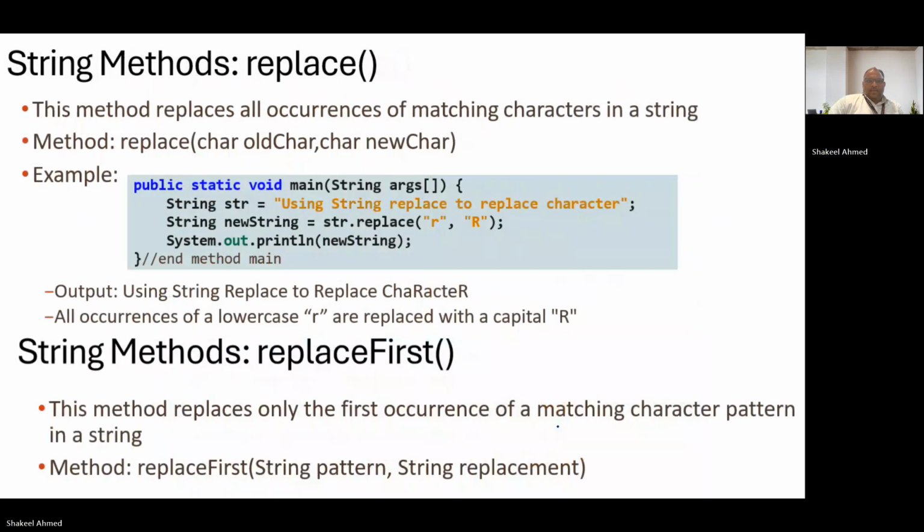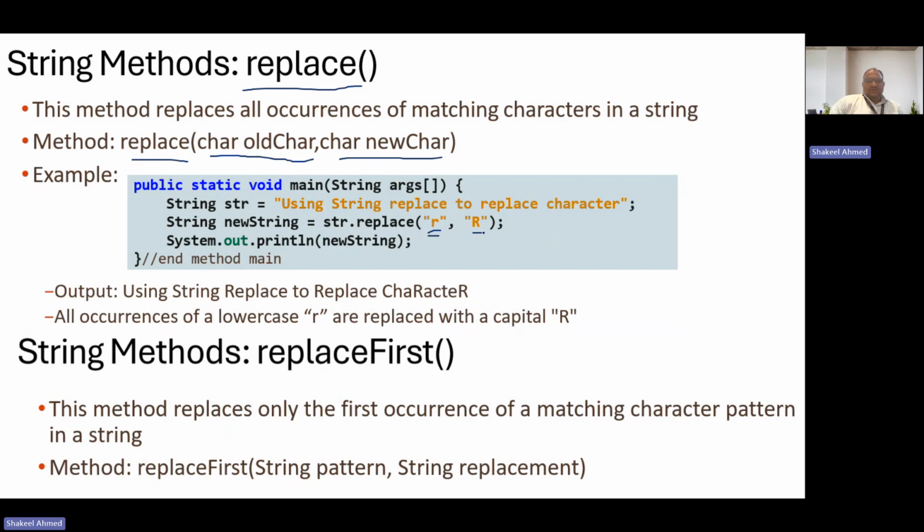Next, there is another method called replace. If you want to replace some characters, the method replace is used. You have to give two parameters here: the old character and the new character that you are going to use.